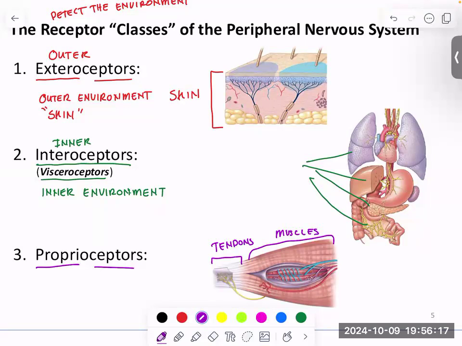Your body orientation. Is my bicep stretched? Is it contracting? What are my muscles doing? What position are they in? Your body orientation, relative position. You need to know that in order to know how to move.